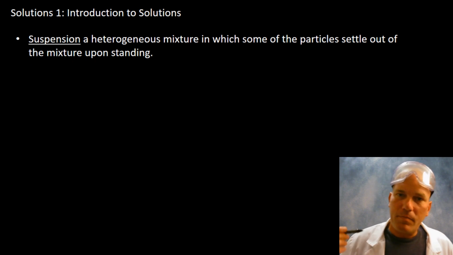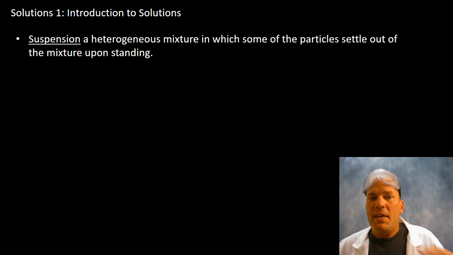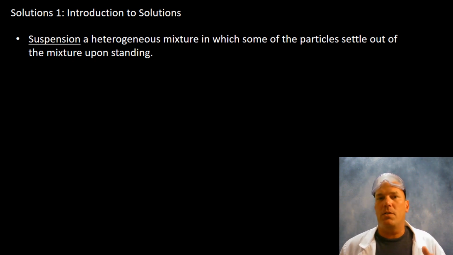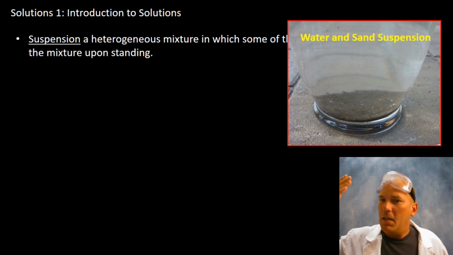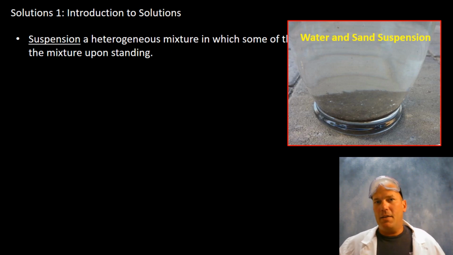Okay, so a suspension is a heterogeneous mixture in which some of the particles settle out. So upon standing, these larger particles will eventually settle to the bottom. So an example would be water and sand suspension.